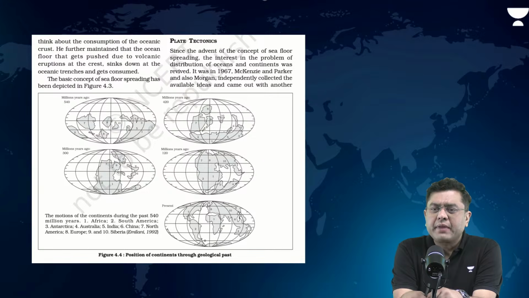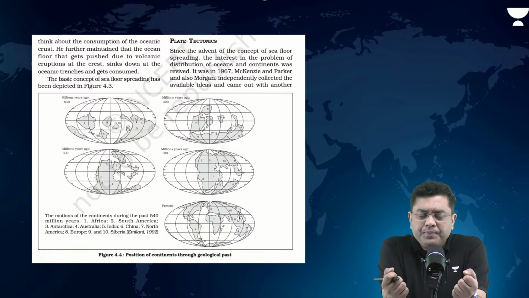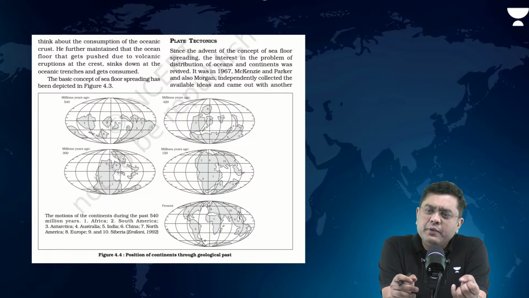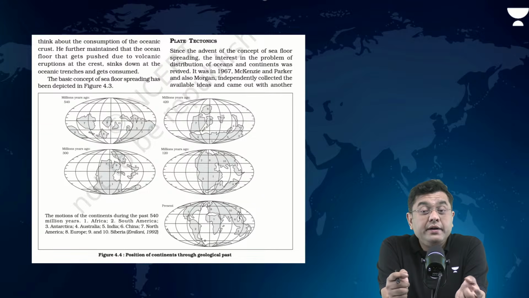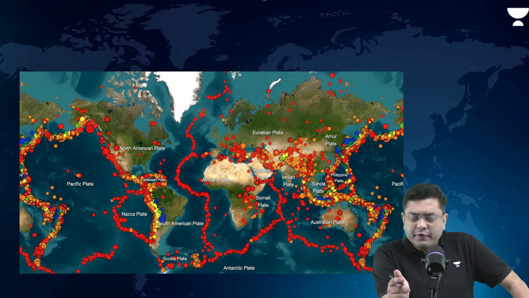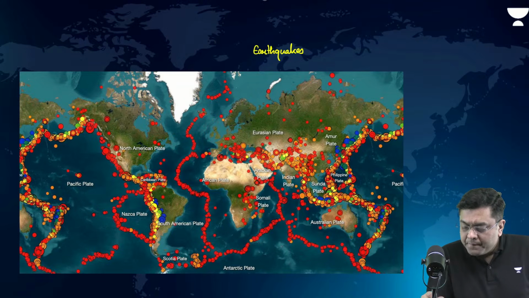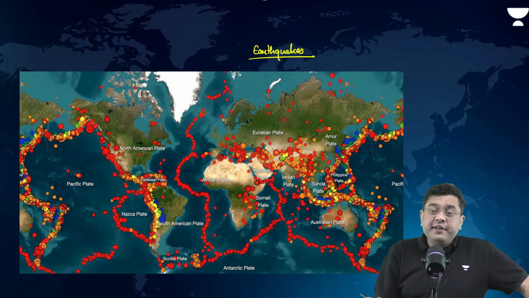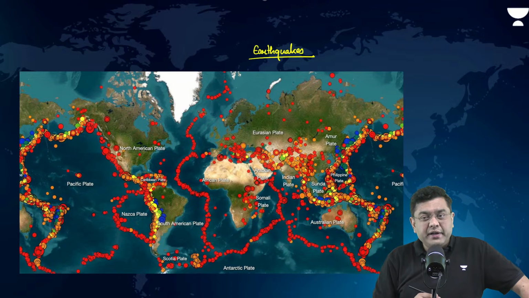So, you see, there was a lot of study which was already done associated with the various different regions of planet Earth in terms of earthquakes, volcanoes, etc. Now, when people observe the regions of earthquakes, this is the case of the earthquake distribution across the planet. Now, you will observe that the earthquakes did not occur randomly anywhere and everywhere.